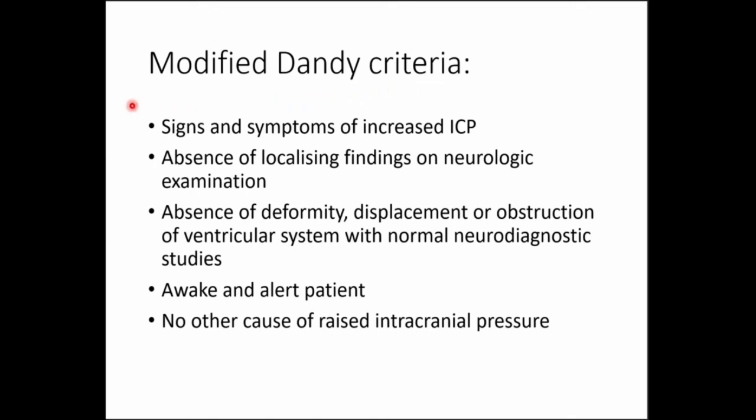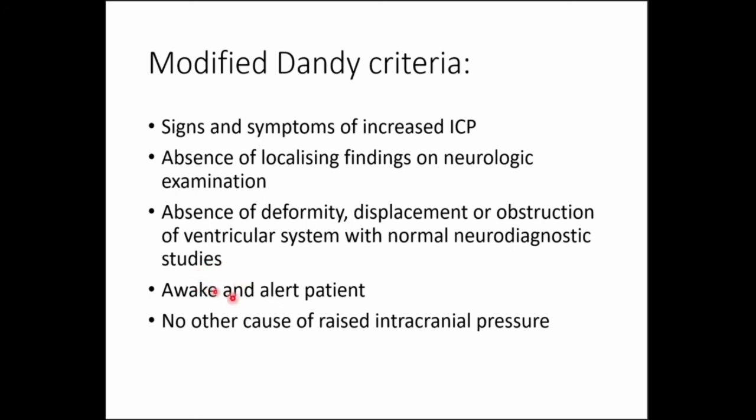This is used in the diagnosis of idiopathic intracranial hypertension, and it consists of the symptoms and signs of raised intracranial pressure, headache, the absence of localizing findings on neurologic examination, the absence of deformity, displacement or obstruction of the ventricular system with normal neurodiagnostic studies.